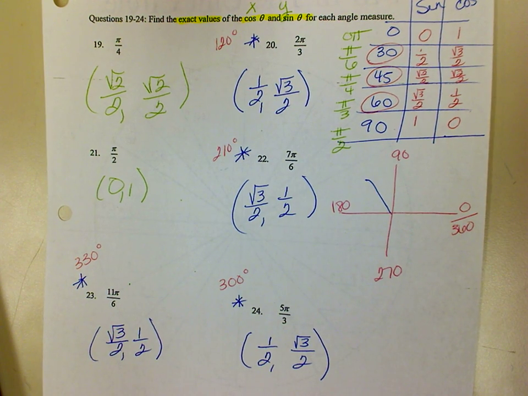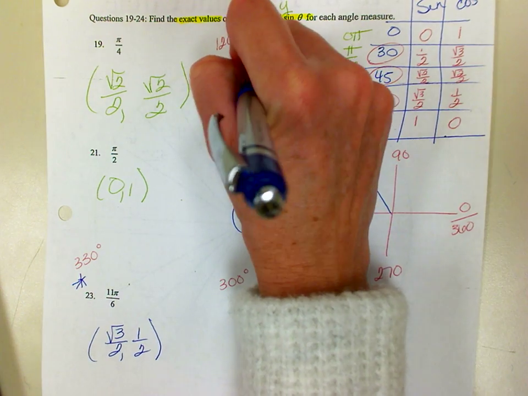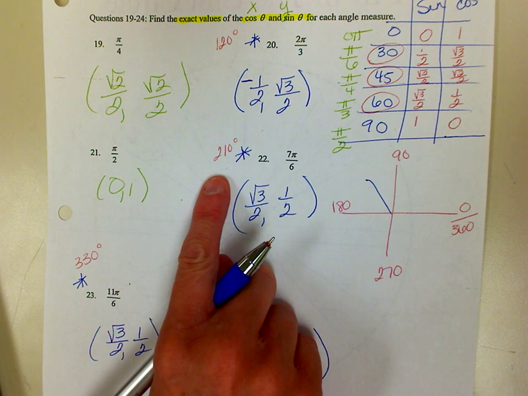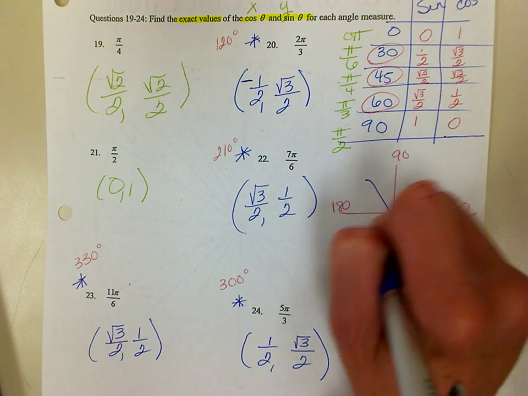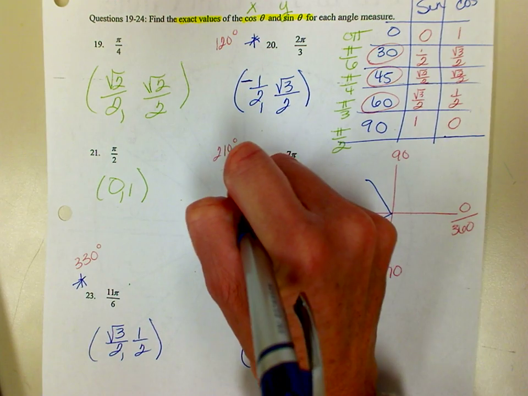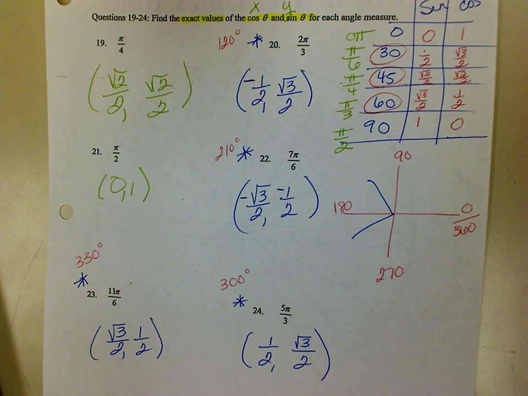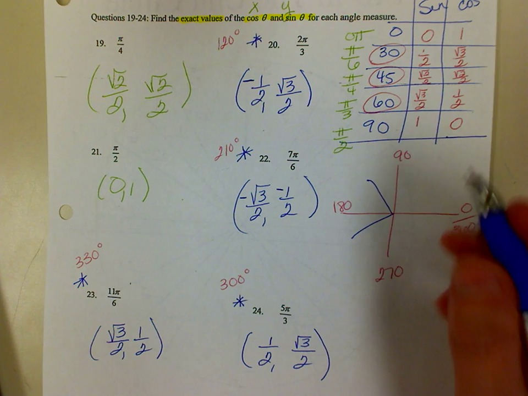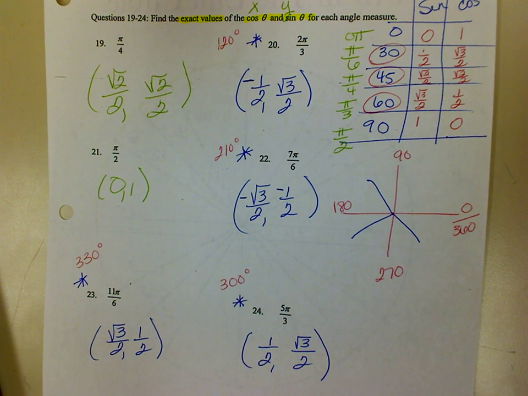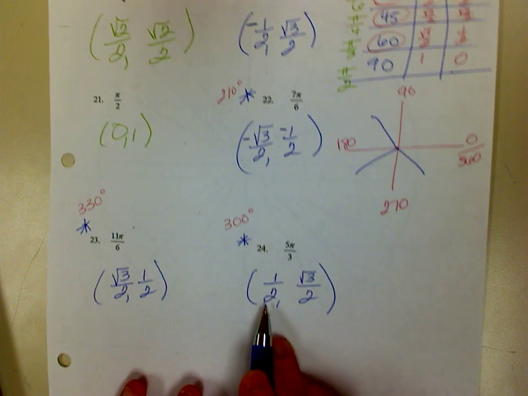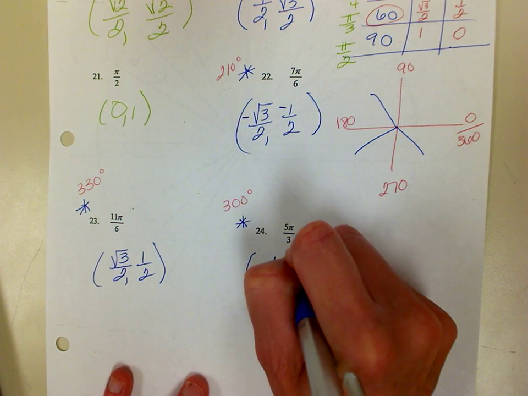In the second quadrant, the x value is negative and the y value is positive. 210, that's in the third quadrant. Both x and y are negative in the third quadrant. This one's 330. That's going to be in the fourth quadrant. In the fourth quadrant, the x value is positive and the y value is negative.